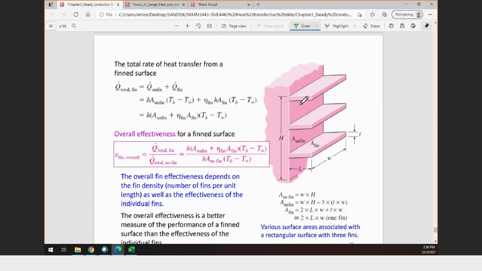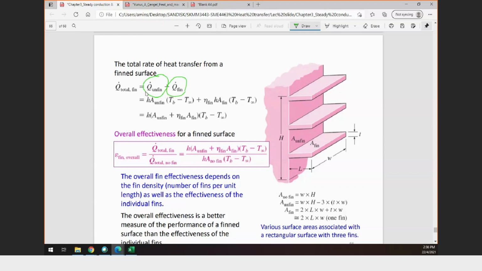Like this you have 1, 2, 3. How do you want to consider this? You have to calculate the heat transfer area where the fin is considered and where the fin is not available.